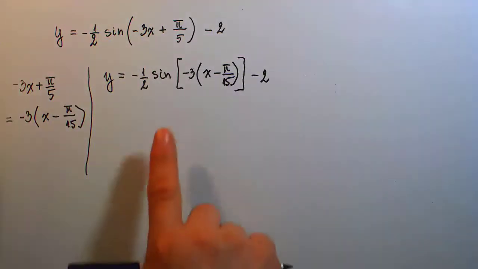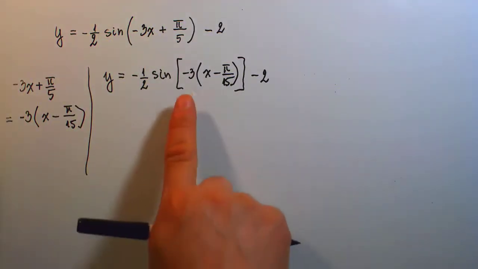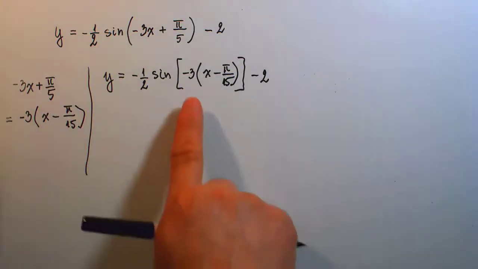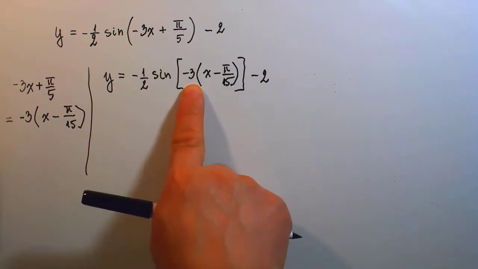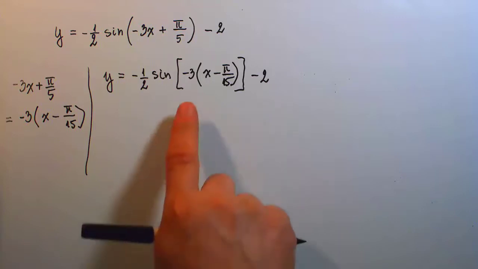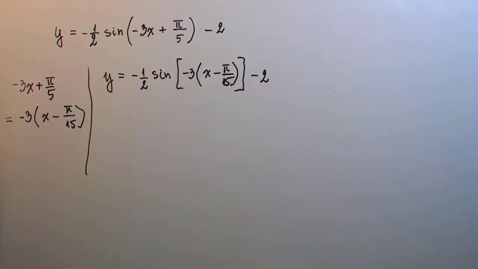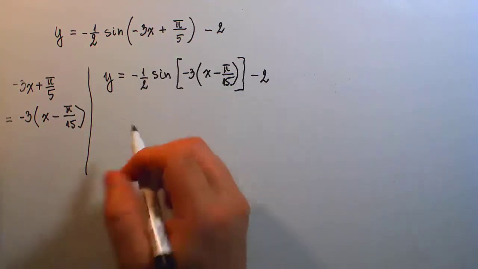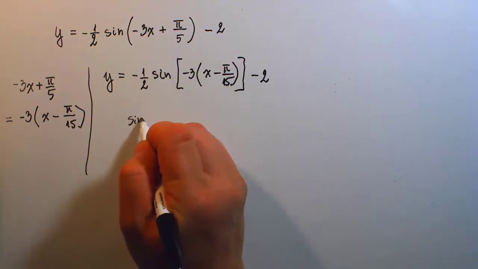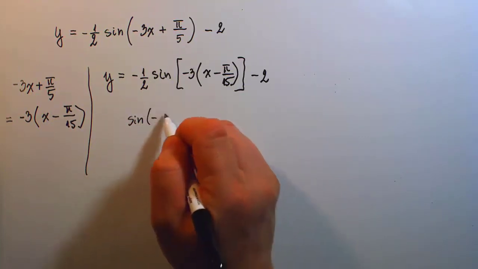At this point, the coefficient negative 3 looks like we're almost ready to recognize the transformation, but one more step can get things done a lot more easily for us. But recall that sine of any negative expression.